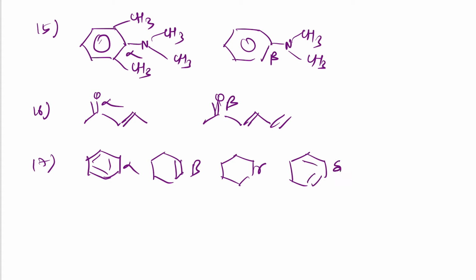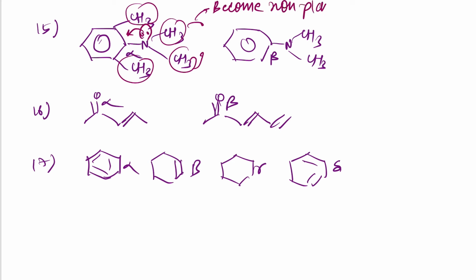Now here we have seen that there is a lone pair, and the lone pair will donate its electron, but due to that NCH3 will turn out of the plane. It will become non-planar with benzene, because due to that the bond will tilt out.